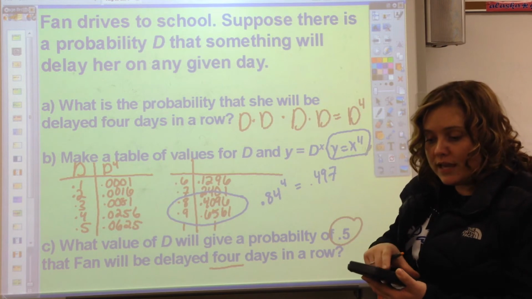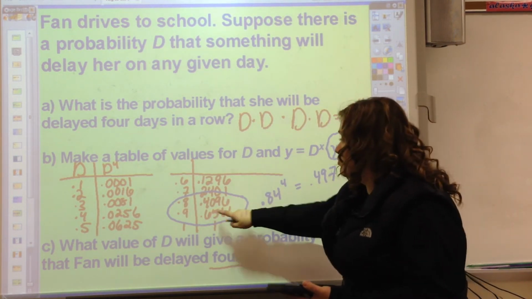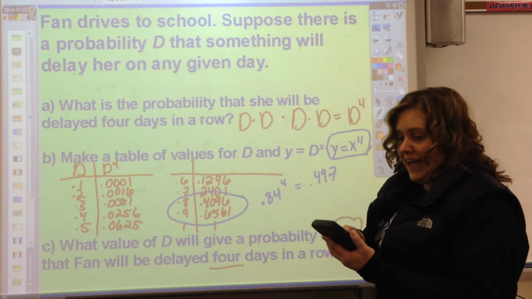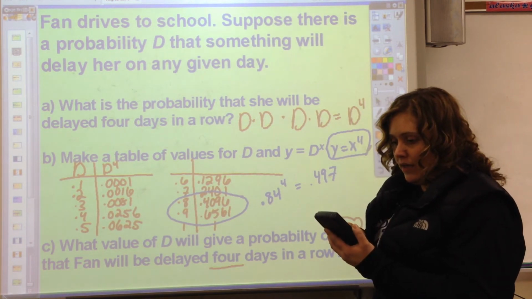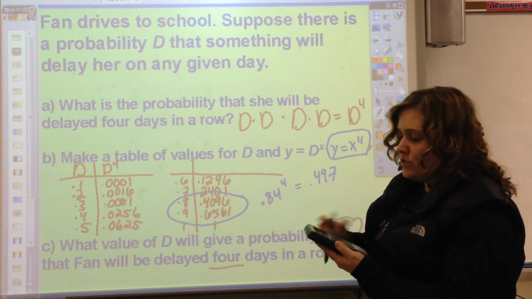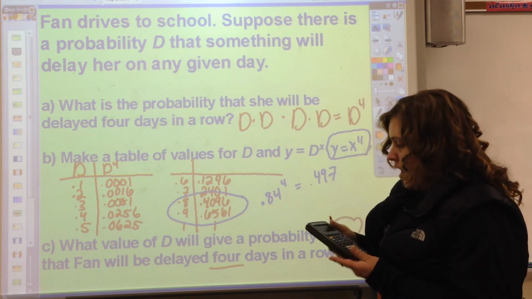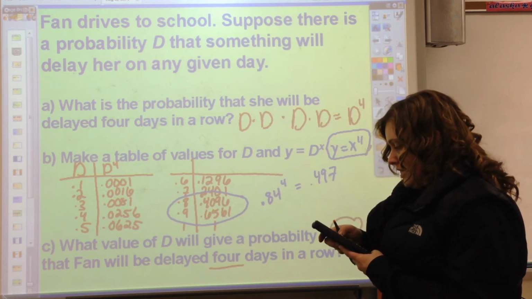Go to my table setup, have it start at 0.8, go to 0.9, and let's make my change 0.1, and then go to your table, and you can see for all the values of x what your output is for y.